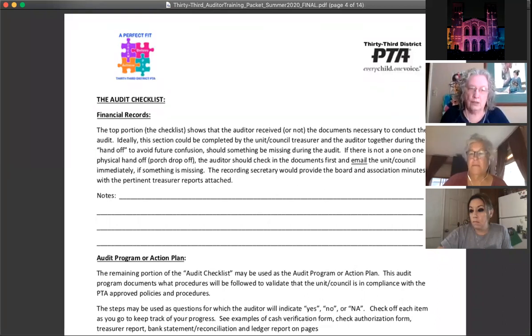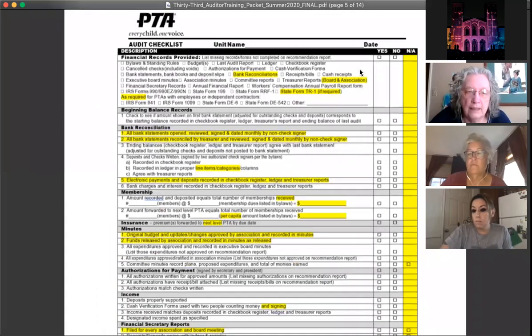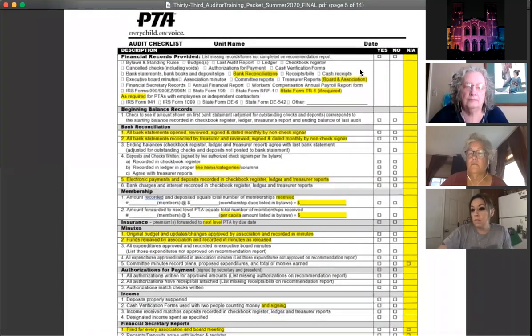Okay, so the audit checklist. Let's go down to the audit checklist and then okay, there it is. This is your action plan. The top of the checklist are items that you as auditor will check off as received from the treasurer. These are the items that are required. I would recommend that since COVID, there's no personal handoff.